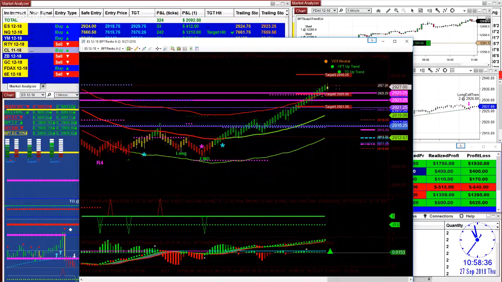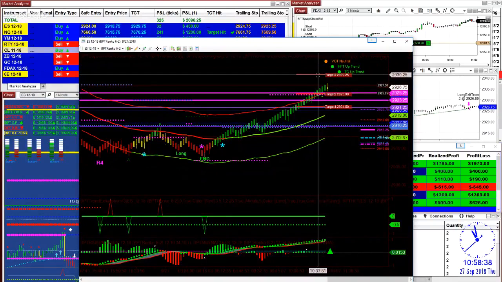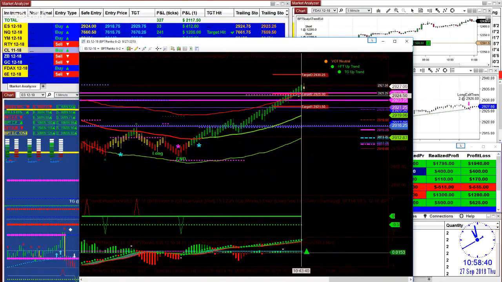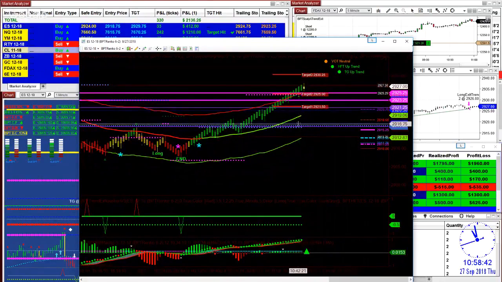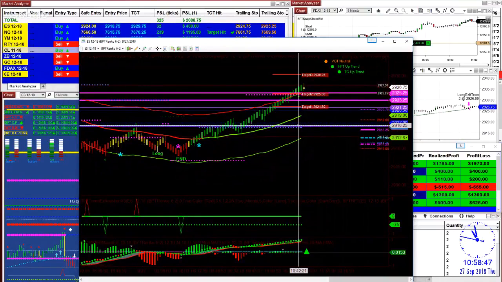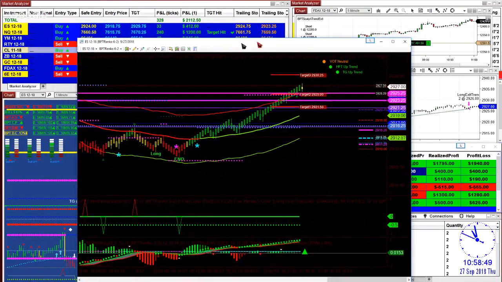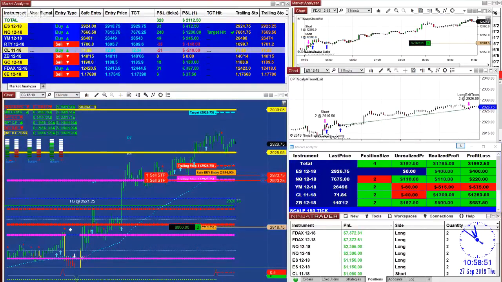I would not call that a reversal in here. There is a lot of support area all the way down to the 1625.